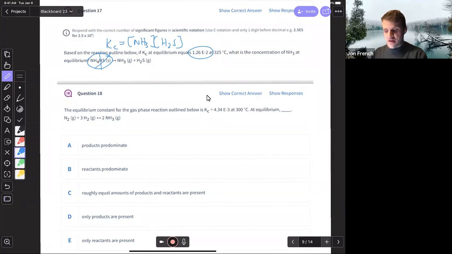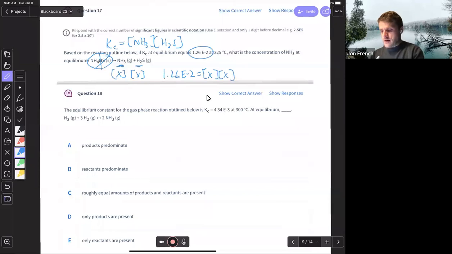So I don't know the concentration of ammonia. I don't know the concentration of hydrogen sulfide. They should be the same because their coefficients are the same, both 1. So I can call them both x. And now I've got an equation I can solve. I can say 1.26 e to the negative 2 equals x times x.